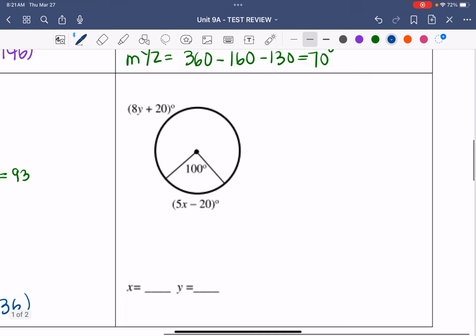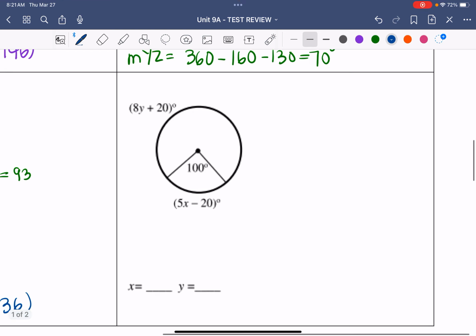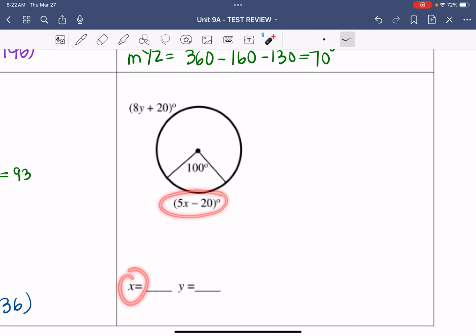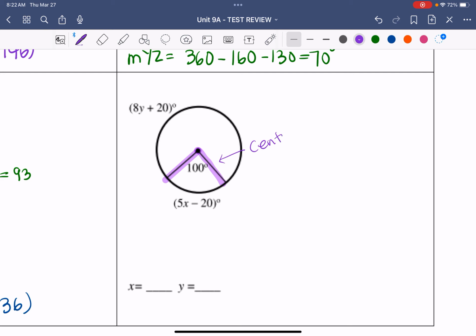Okay, next one. We're going to do a little bit of algebra here. So they want us to find x and y. To find x, this is a central angle. So I'm going to highlight this. This part right here, it's touching the center, so it's a central angle. And central angles are equal to the arc.